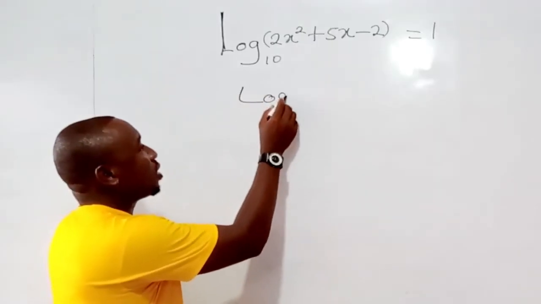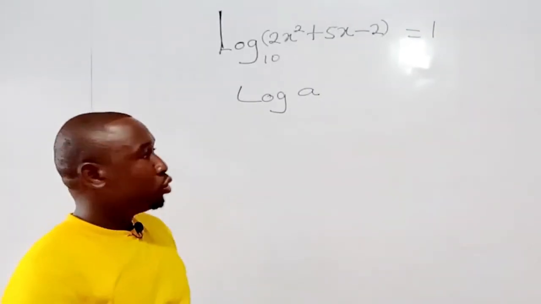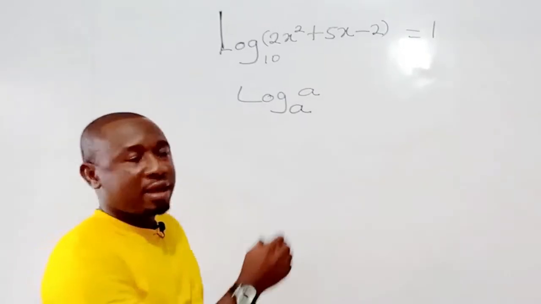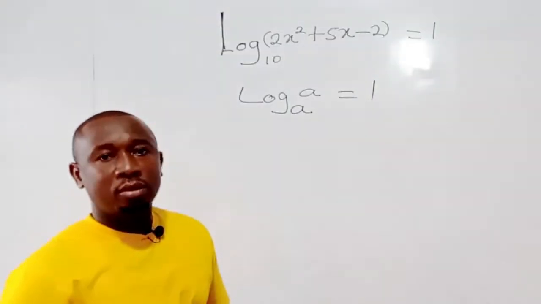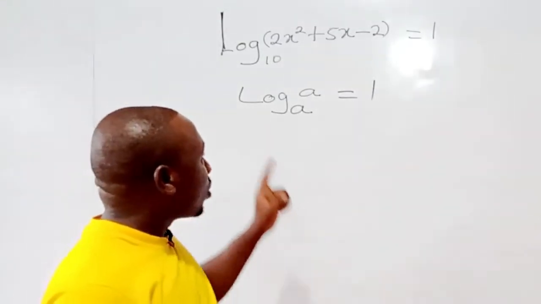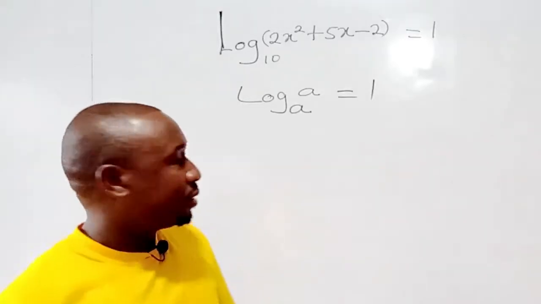log of a number to the base of the same number is equal to 1. Log of a number to the base of the same number is equal to 1.